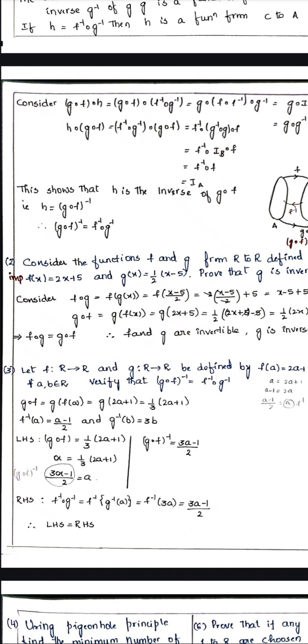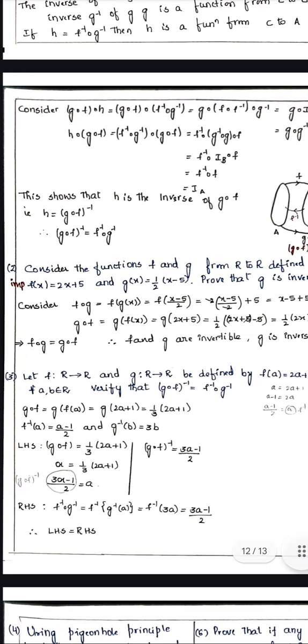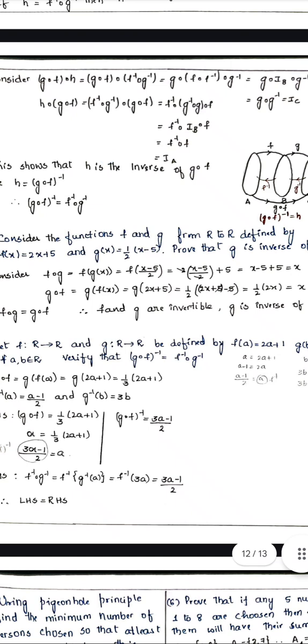So let us consider f of g of x, that is f of (x minus 5) by 2, then you will have 2 into (x minus 5) by 2 plus 5, the 2 gets cancelled, x minus 5 plus 5, that is equal to x.